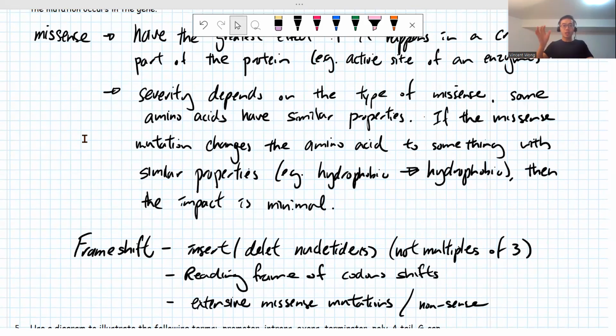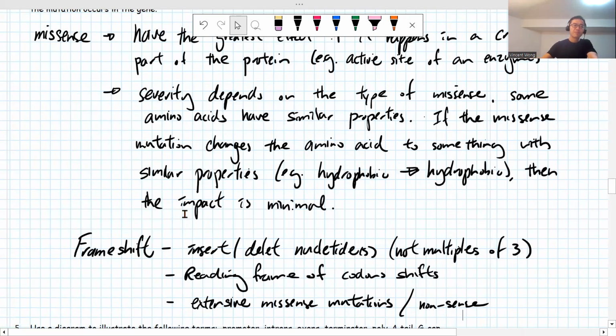If you have the frame shift happening at the end, that means you are shifting the reading frame at the end, which means the original stop codon is going to be gone in your new frame, right? So yes, you make your normal protein, but because of the frame shift at the end, you will not stop where you're supposed to stop. And then you keep on going and you have this big chunk of extra stuff attached to your protein, right? And that might interfere with how the protein works.